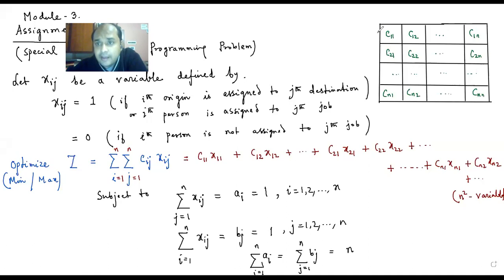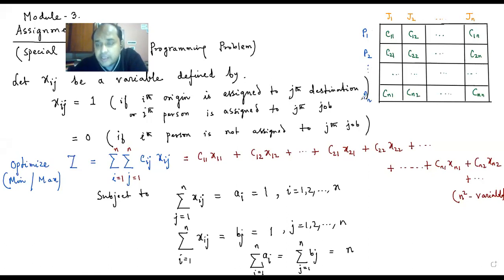Suppose on the left hand side of the table we have some persons, named P1, P2, and so on. On the top of the table, suppose we have some jobs, which we denote by J1, J2, dot, Jn.